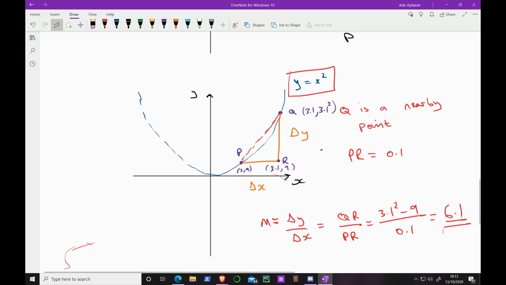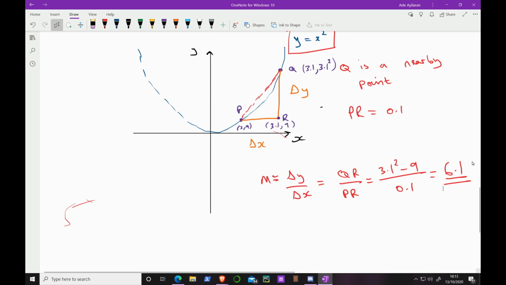Okay. How do you think we could improve this approximation? So how could we get closer and closer to calculating the true gradient at P? What do we have to change?